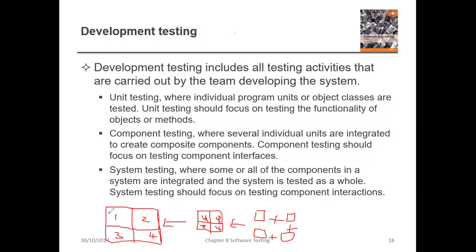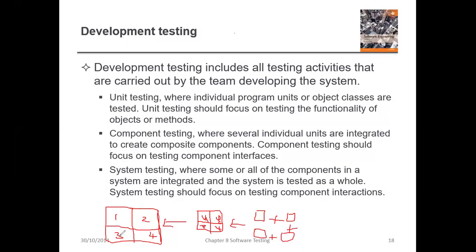Okay, so the system testing has to do with testing the whole system after you've integrated the various components to get a system. So what do you look out for when you are testing the system? We know that as you integrate the various components to get a system, these components now will be interacting among themselves in the system.